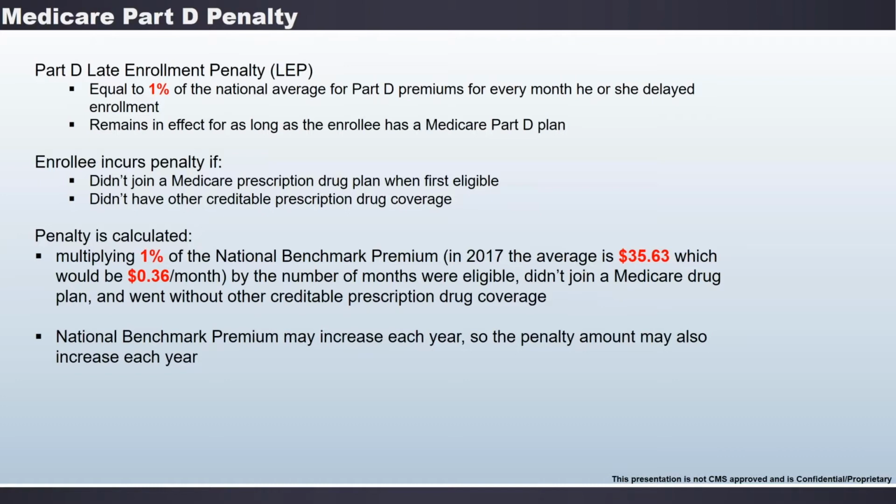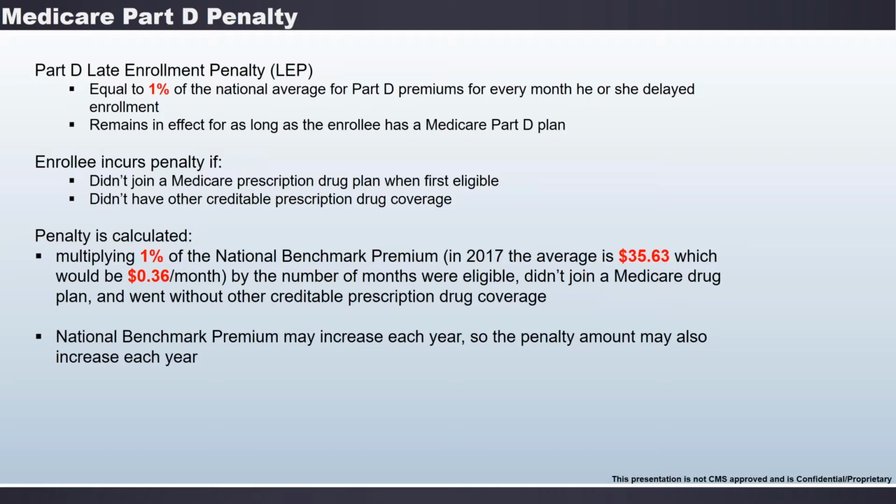The way that they do it is there's a national benchmark, and we're looking at 2017. It was $35.63, the average of all the plans out there. So that works out to be about a 36 cents per month penalty. And it's every month. So if you only go a year or two, we calculated it out at 2 years.